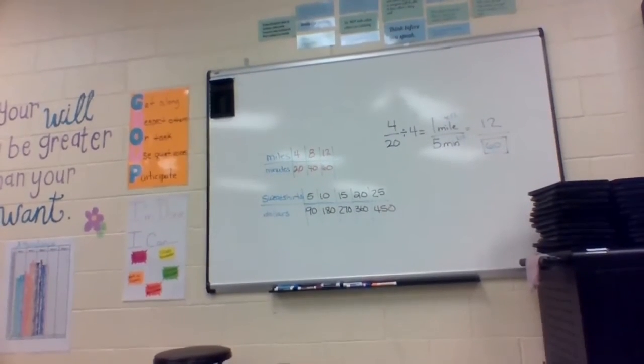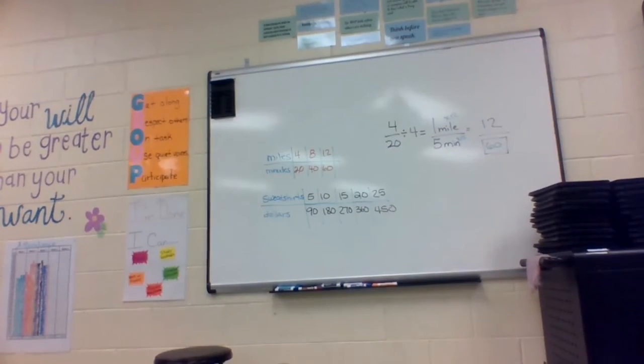All right, Jacoby, first ratio, 5 to 20. It says 5 pizzas, 20 students. 5 out of 20, I divide by 5, and I get 1/4. So go ahead and write my second number in the blank. 1 and 4 are my first two. What will go next?